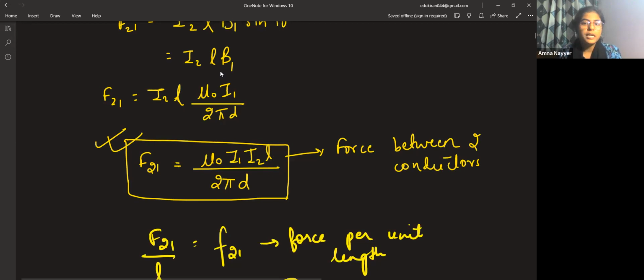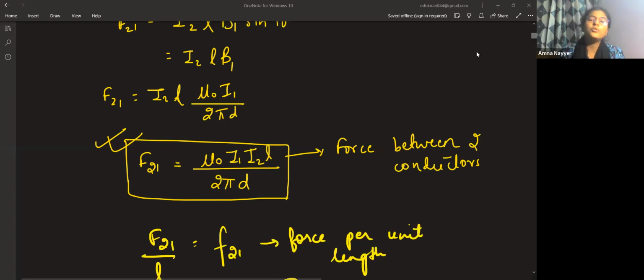If I bring this length L to the denominator, what will I be left with? The rest of the terms: mu naught I1 I2 by 2 pi D. So F21 by L is the force per unit length, right?